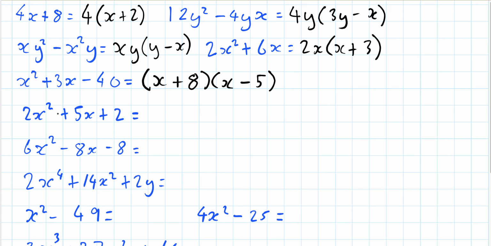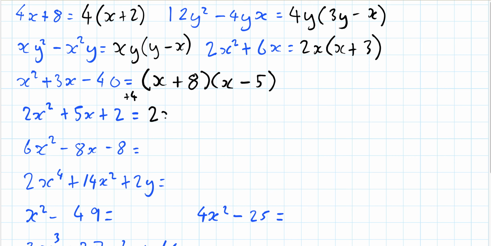Here what we're going to do is 2 times 2 is 4. This has a coefficient at the front, so we do 2 times 2 is 4. We're going to find two numbers to split this term up, that multiply to give 4 and add to give 5.